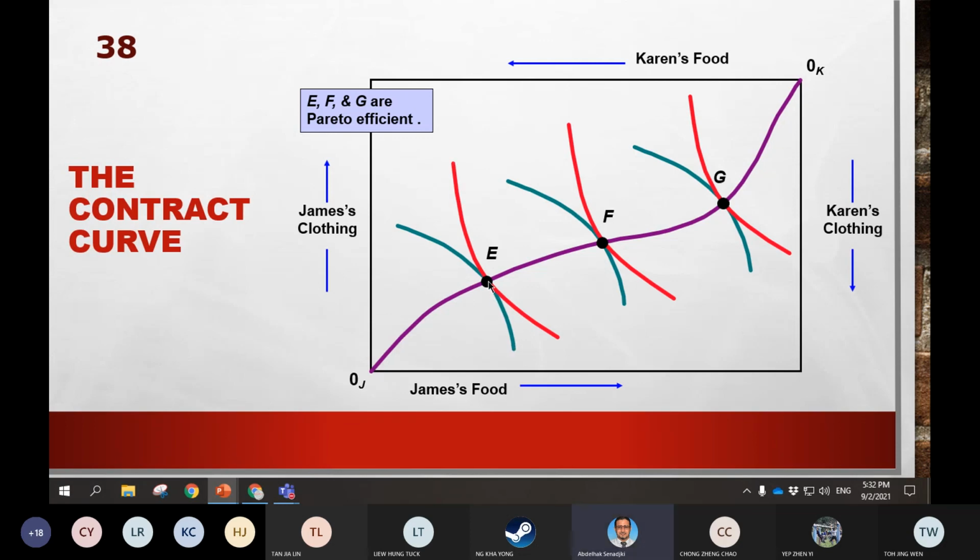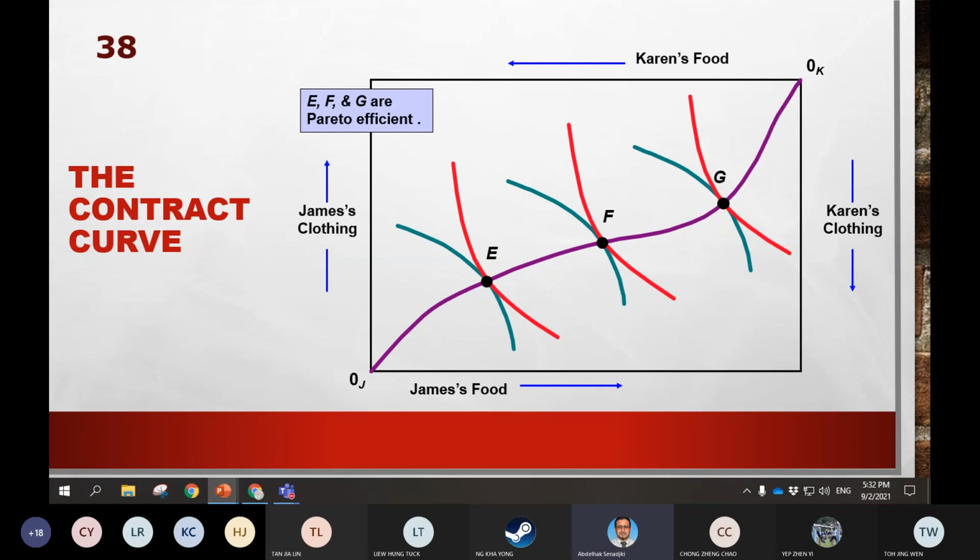Now we want to see if we move from E to F, whether both of them are better off or not. At this point, there is no way to move to another point on the curve, let's say from E to F, because since it is Pareto efficient, it will make one person worse off.